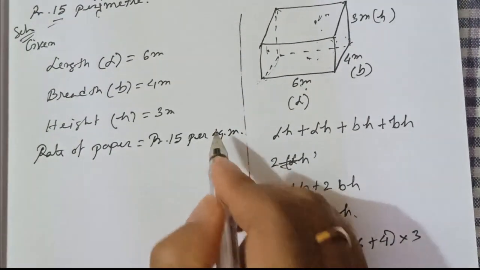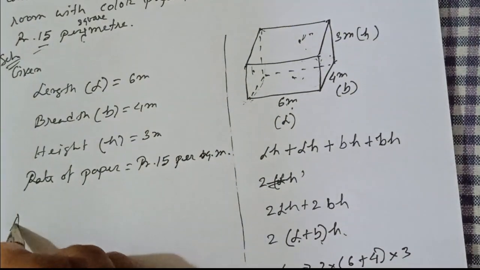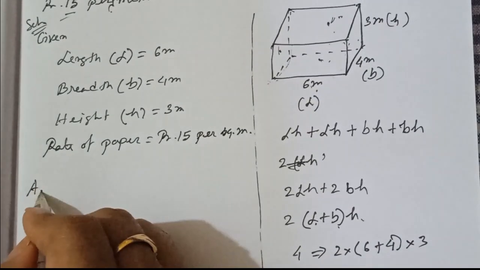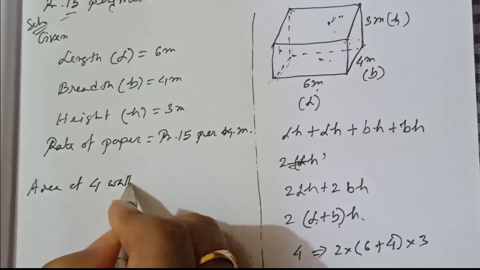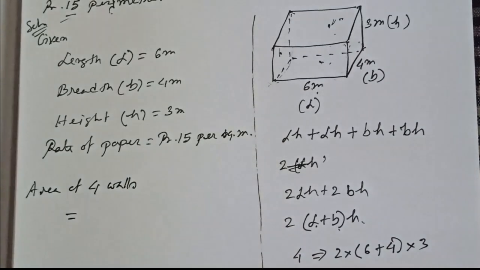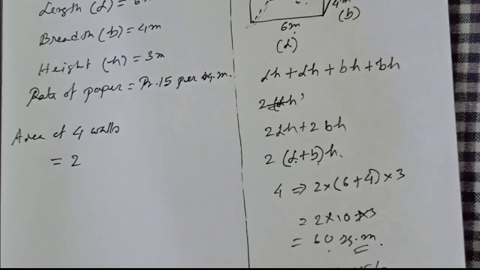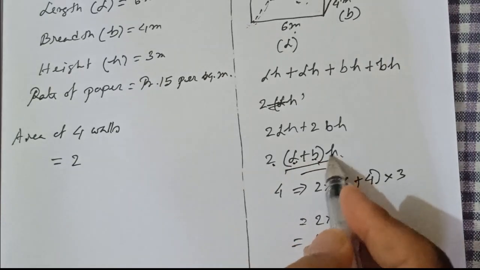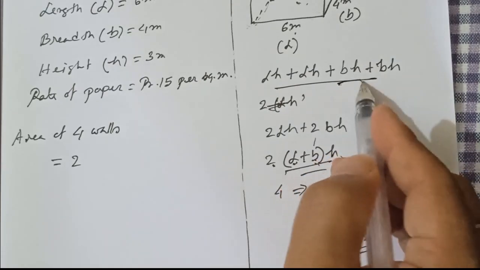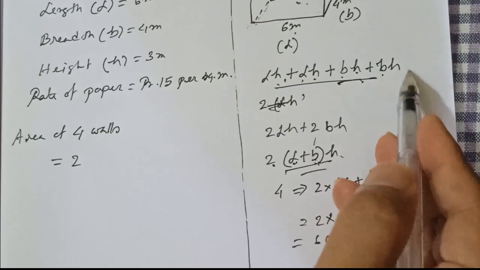Okay, then we have the area of four walls. It is twice into (L plus B) into H. It comes from this: length into height, length into height, breadth into height, breadth into height.